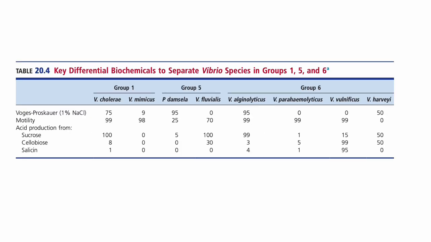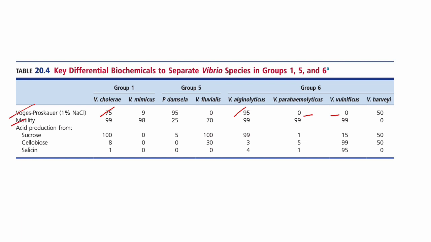So here is another differential test to differentiate the different species under your Vibrio genus. So Voges-Proskauer, for clinically significant organisms, Vibrio cholerae and alginolyticus are the only ones that are Voges-Proskauer positive. Parahaemolyticus and vulnificus are both negative.